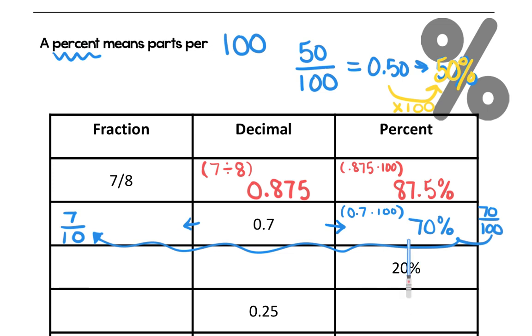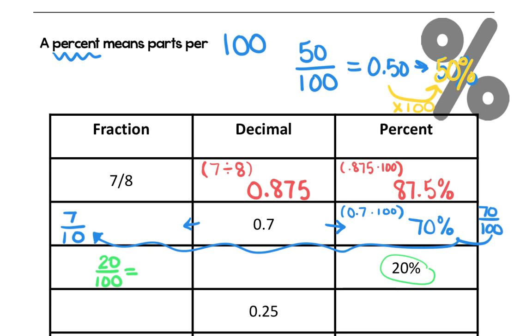In the next problem, we're given the percent and we have to find the decimal and the fraction. So if we want, we can start with the fraction. This is 20%, and we know a percent is out of 100, so this is 20 out of 100. We can simplify that a couple different ways.